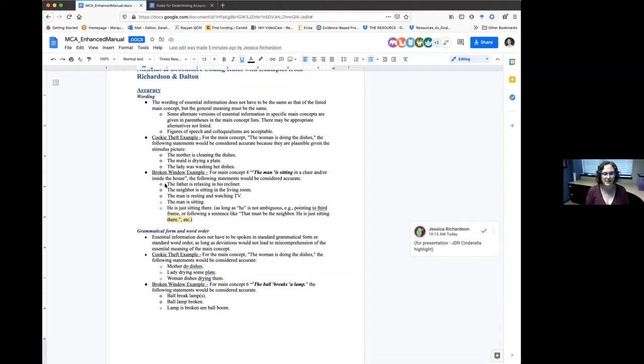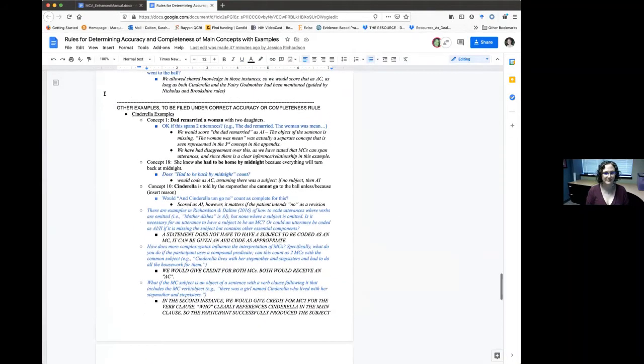And so statements like the father is relaxing in his recliner, the father is sitting in the living room, the man is resting, even he is just sitting there. All of these would be alternative, accurate wordings for main concept 4 for broken window. And really quickly, Dr. Richardson is going to highlight some additional examples that we have for other stimuli.